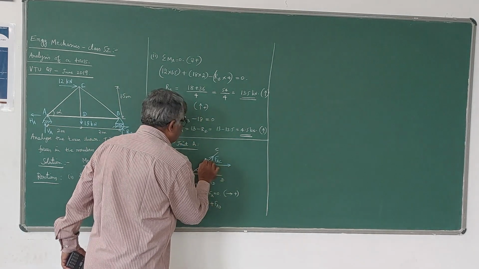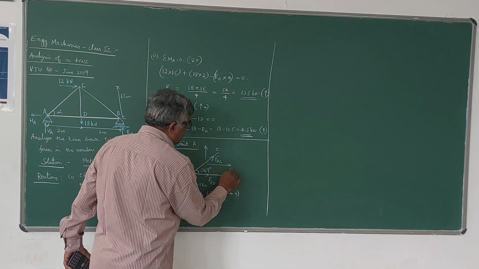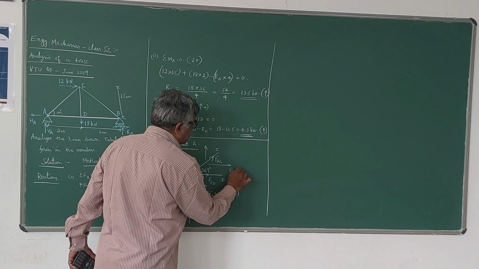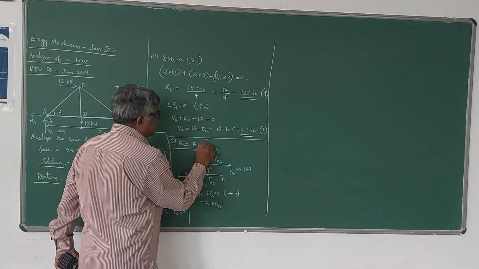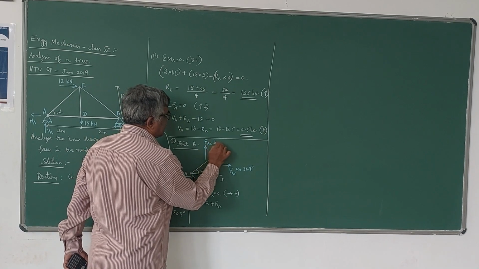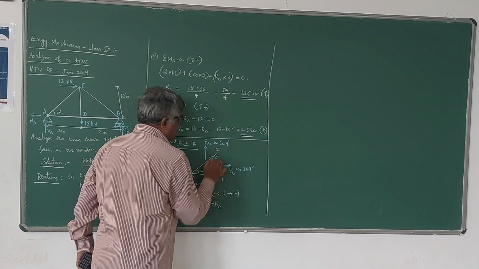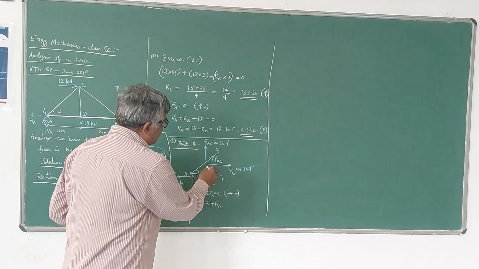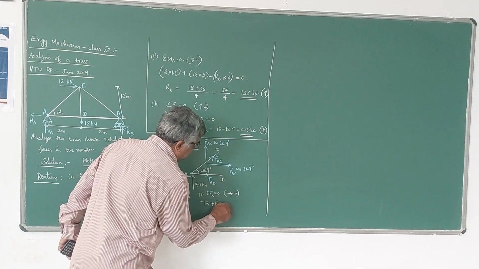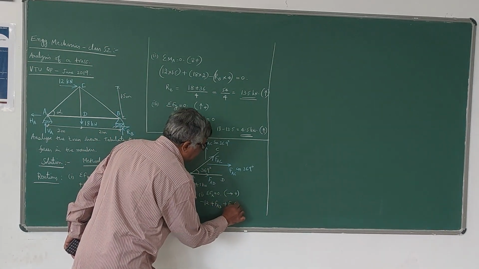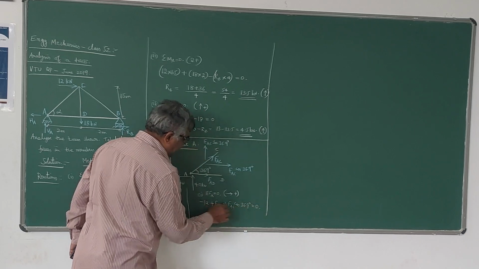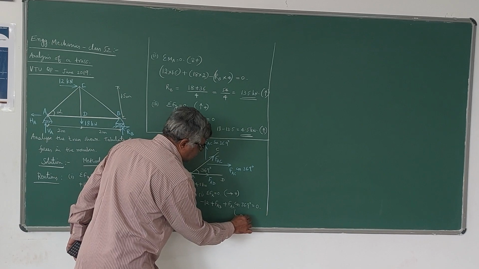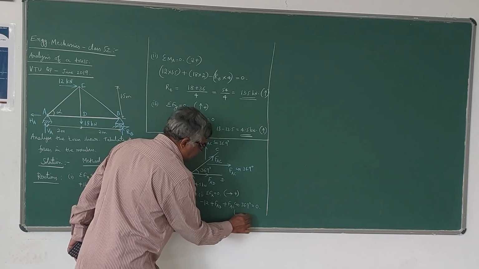The horizontal component will be FAC cos 36.9 degrees. The vertical component is FAC sin 36.9 degrees. So I have to take this force now. It is acting towards the right. So plus FAC cos 36.9 degrees is equal to 0. You cannot solve this because there are two unknowns, so I will call this equation 1.